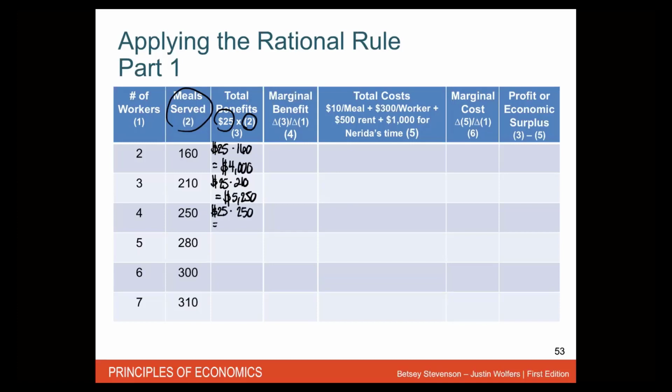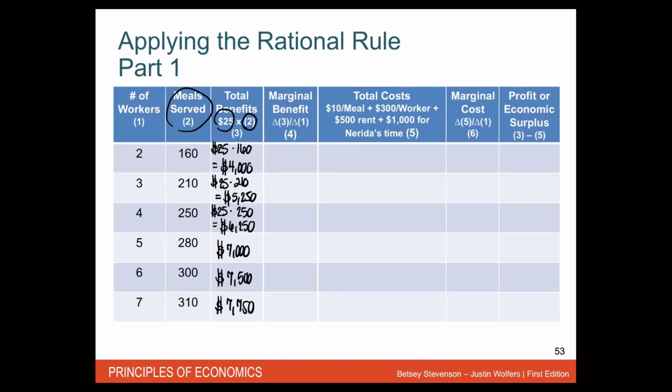So our total benefits for 4 workers is 6,250. Now, finally, for 5 workers, 6 workers, and 7 workers, they are 7,000 total benefits, and then it is 7,500, and then 7,750.